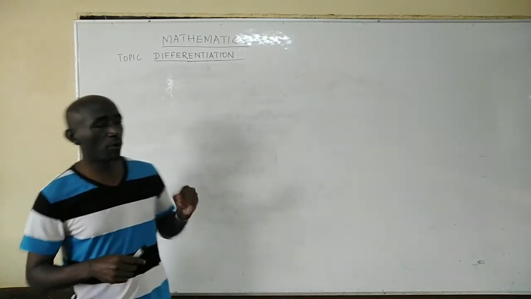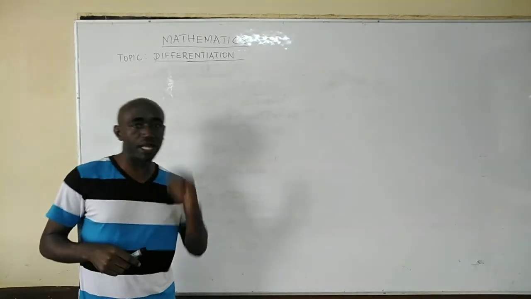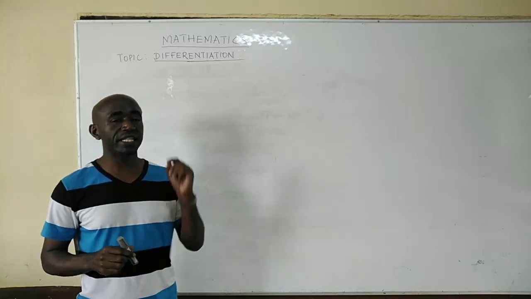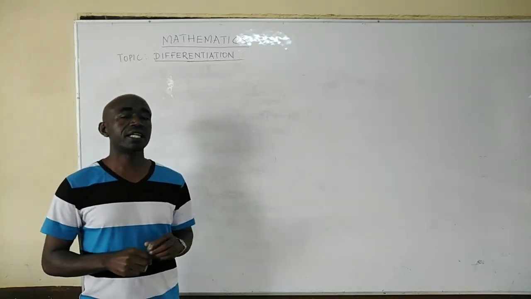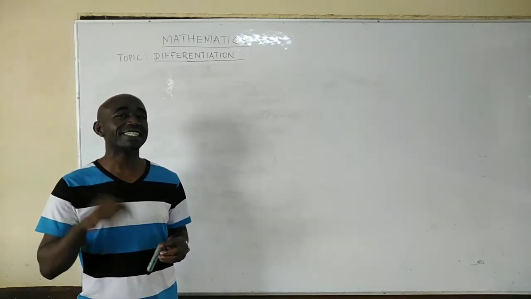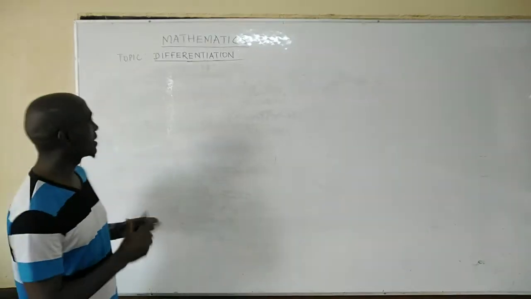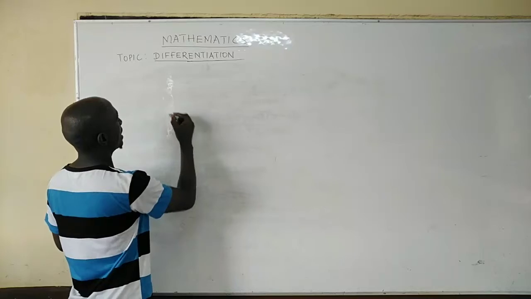And at a particular point, there is a particular gradient. If you draw a tangent to that curve at that point, that tangent will have that gradient of the curve at that point. For example, let me just draw a sketch.